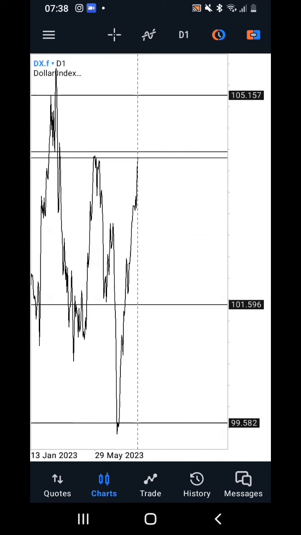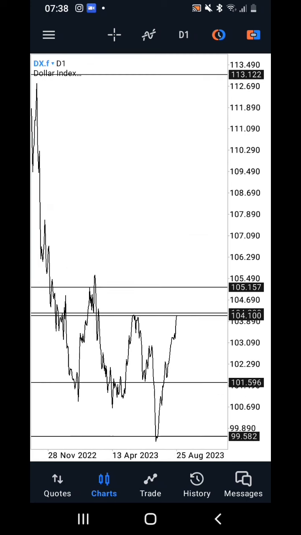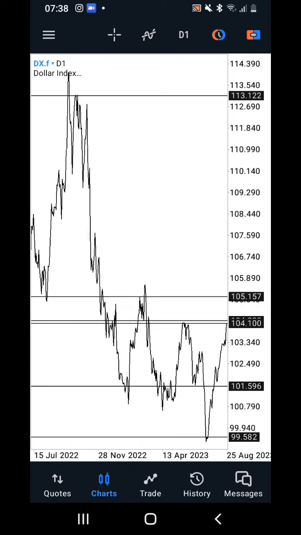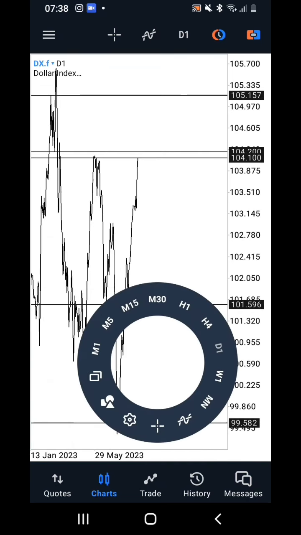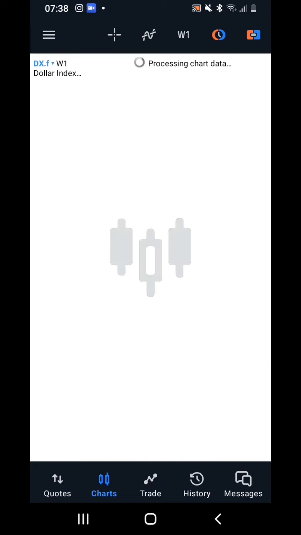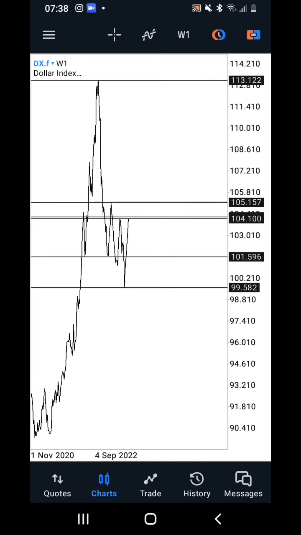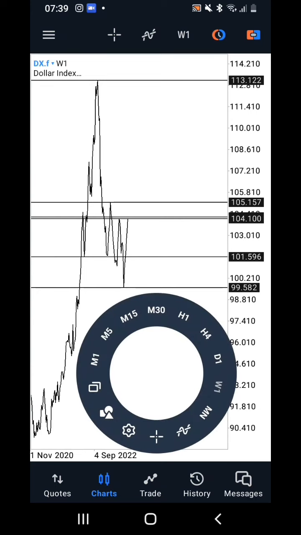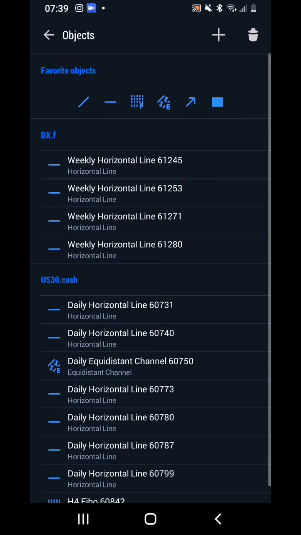But yes, I believe that for the rest of the year, DXY is going to be moving up. But we do have a few resistances, which are the 105, the 108, and then the 113. We have to consider that we are technical traders. We have to consider all the possibilities.